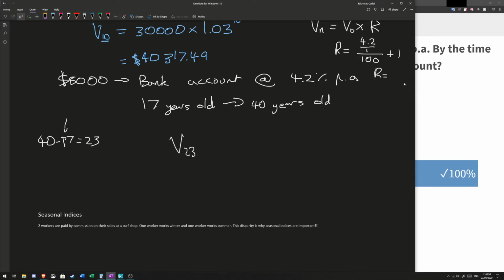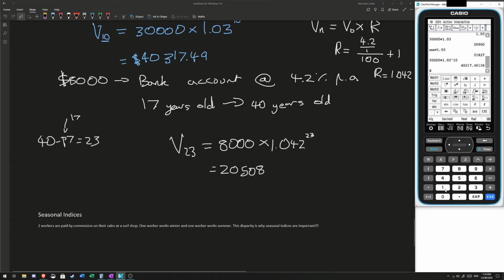V23 equals V0, which is $8,000, multiplied by, now, that is 1.042, to the power of 23, and that will give us, I think, $20,508. I can do that on the calculator. $8,000 multiplied by 1.042 to the power of 23. Okay. Oh, 608, sorry. That was my memory.